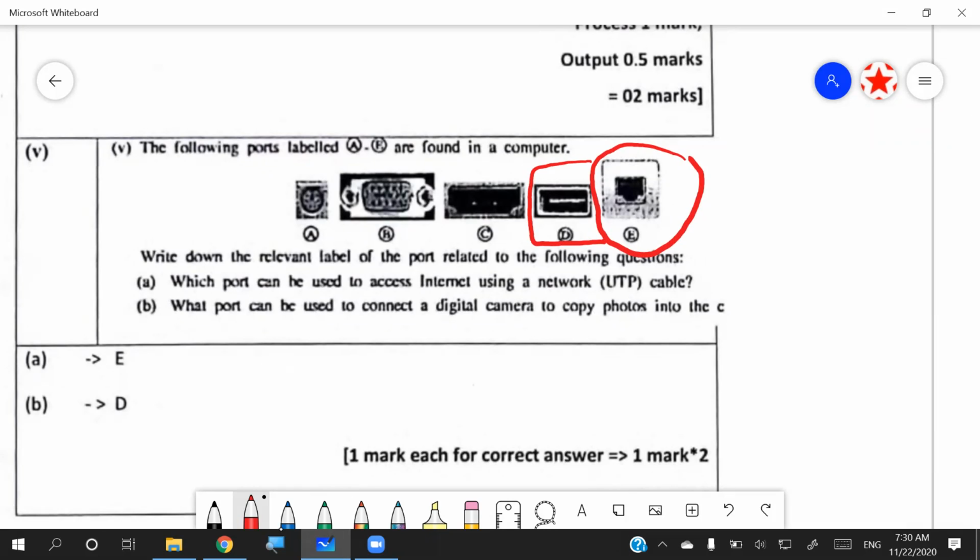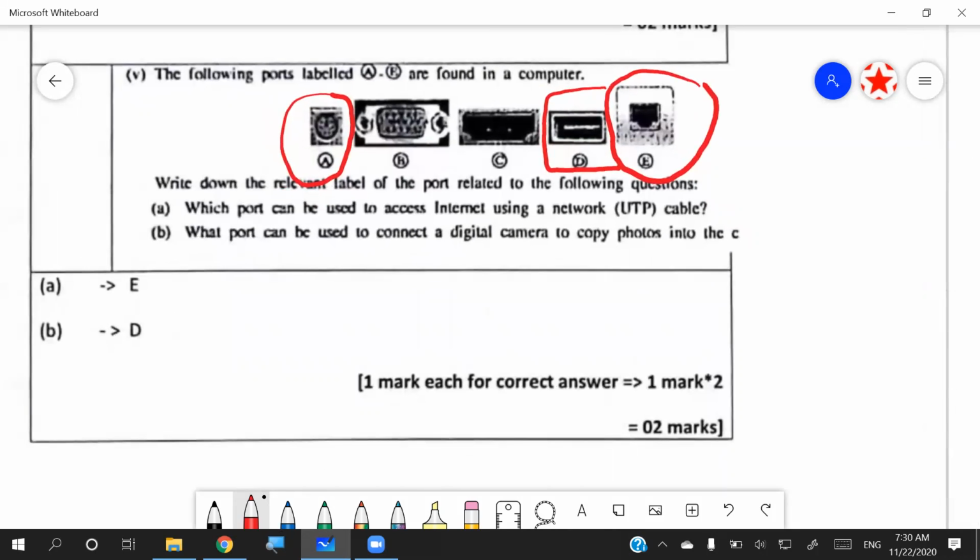And VGA is the graphic cable to be connected from a monitor or projector. And the PS2, which is the first one, allows you to connect a mouse or a keyboard, right? Which is an old port, but it is still there on computers, right? So A is going to be E, B is going to be D. So 1 mark for each part.